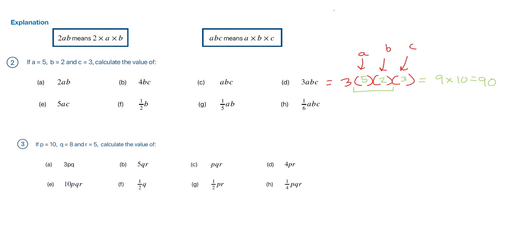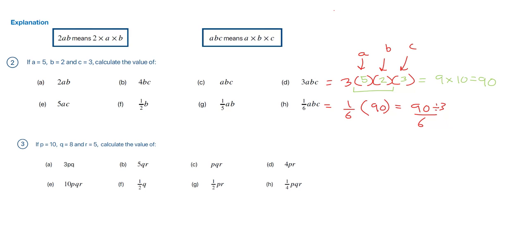Let's have a go at doing this one. That is 1 over 6. A is 90, because we just worked it out above. So we've got 90 over 6.